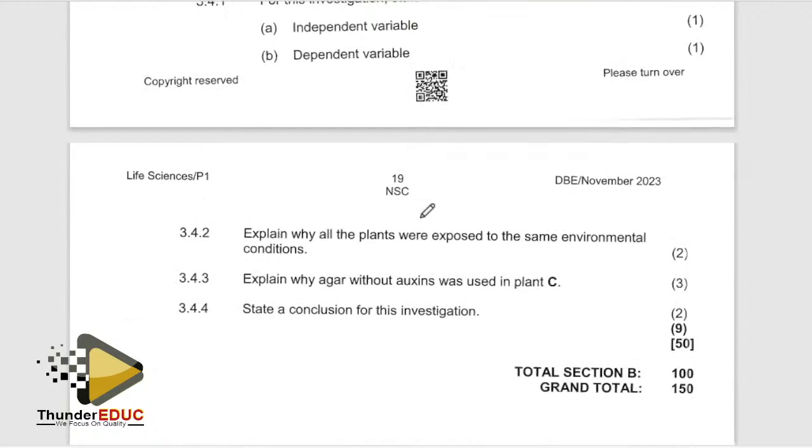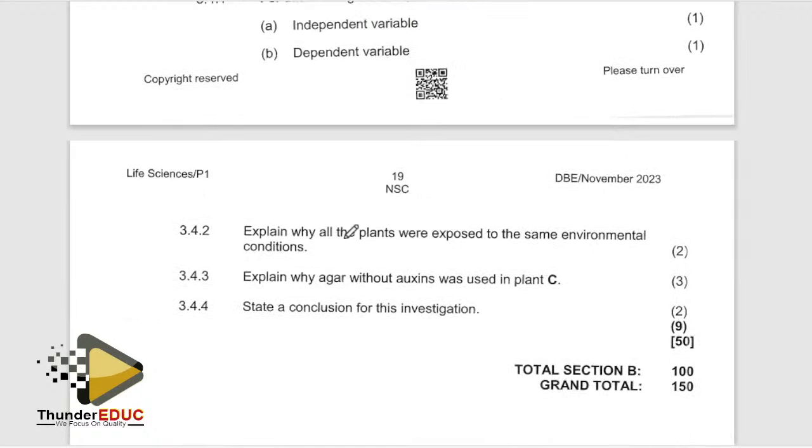All right, and explain why the plants were exposed to the same environmental conditions. Why did we expose the plant to the same environmental condition? Remember, the moment they talk about the same environmental condition, it is to talk about the validity, to ensure that the results we obtain are valid.